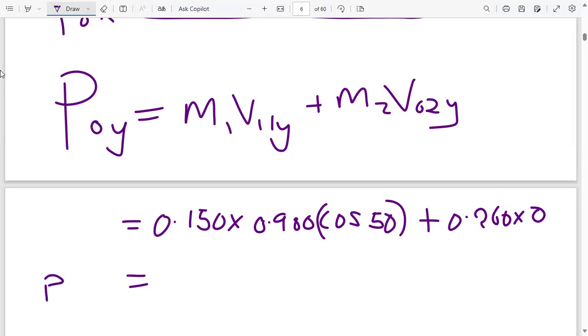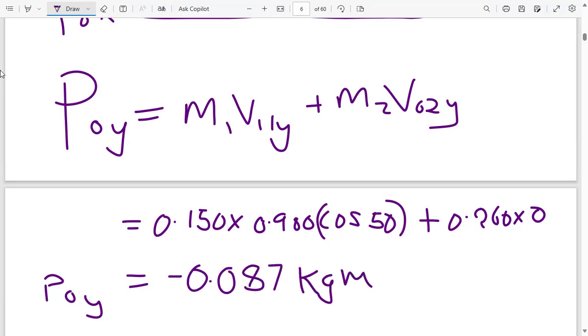So the initial momentum in the y will be equal to 0.150 multiplied by 0.900 cos 50, and that should give us the initial momentum in the y-axis, which is equal to negative 0.087 kg meter per second, like this.